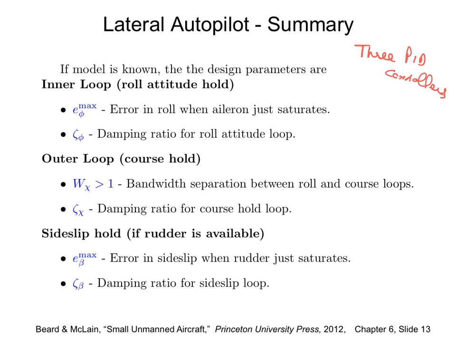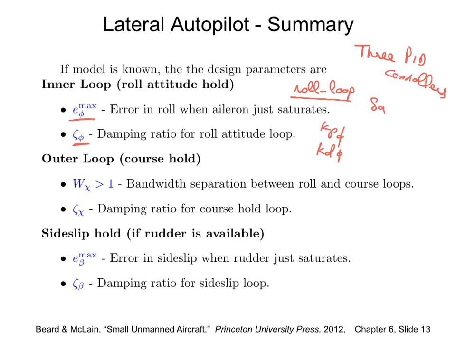The first PID controller is called the roll loop. The output is delta A. The basic idea is you should know your E phi max and delta A max to compute these two parameters, which you will need to compute KP phi and KD phi. It has to be a faster loop.